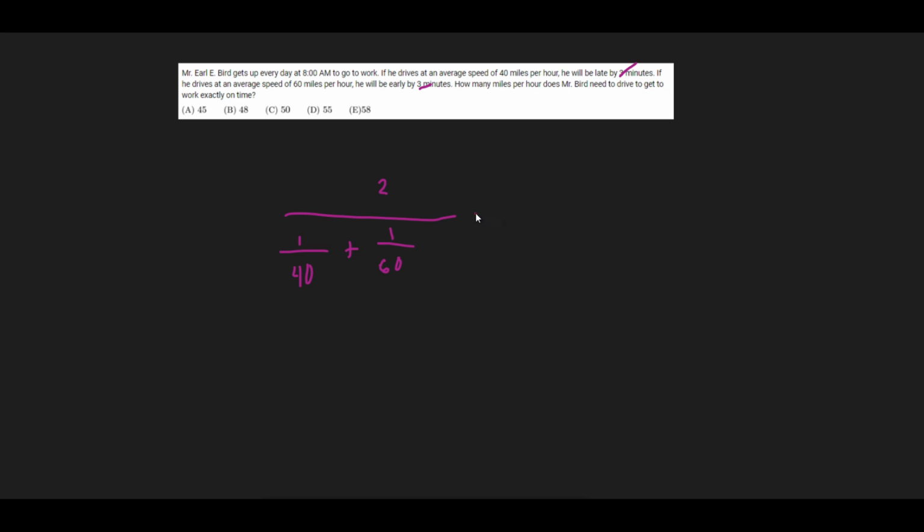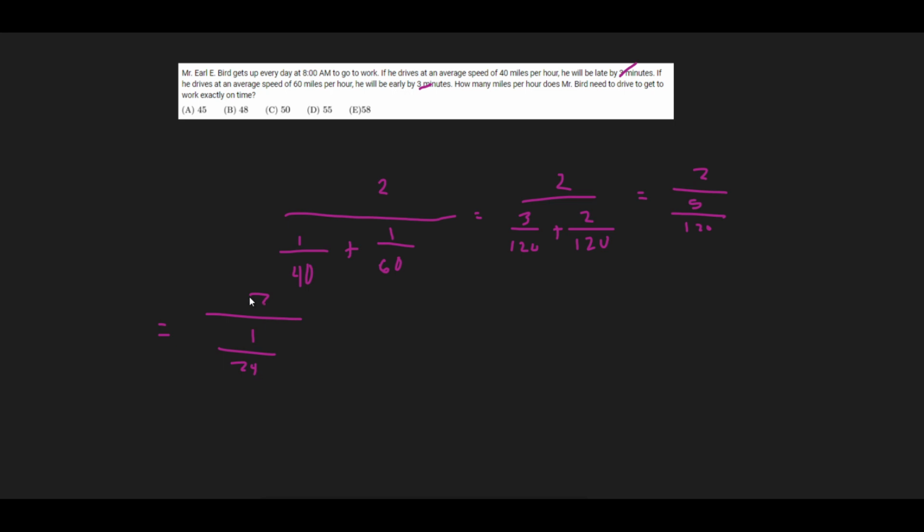So this can be rewritten as 2 all over 3 over 120 plus 2 over 120. Adding gives 5 over 120, so 2 over 5 over 120. 120 divided by 5 is 24, so this is equal to 2 all over 1 over 24.